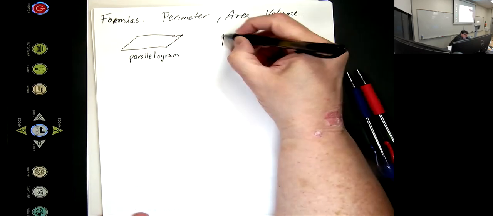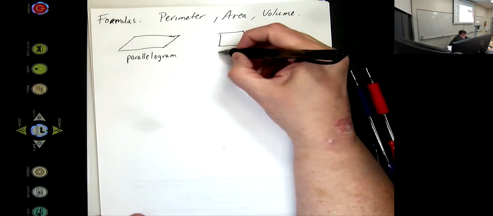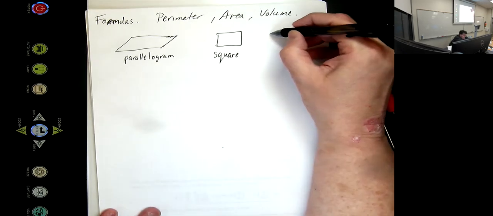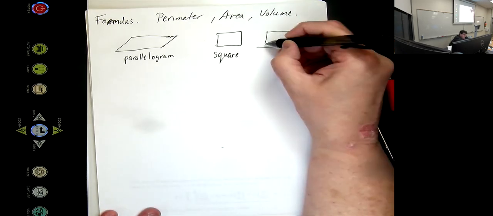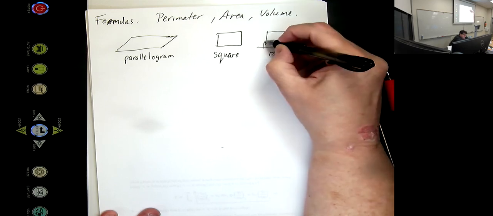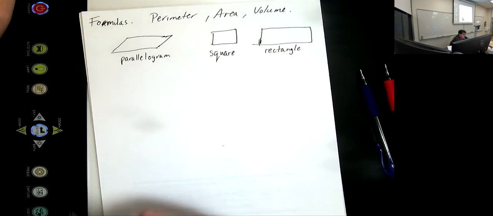We'll have a square. That's supposed to be a square, despite my fantastically not square looking square. I'll do a rectangle. There's formulas for circles we'll do later.